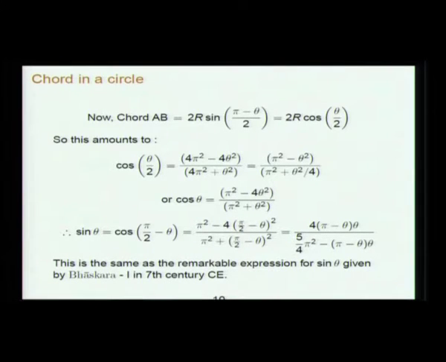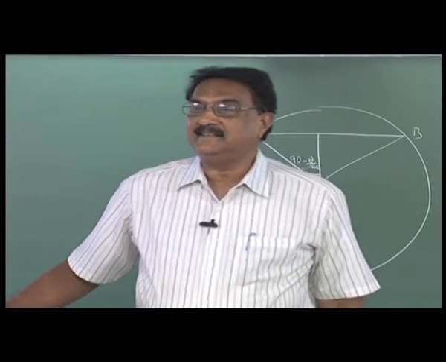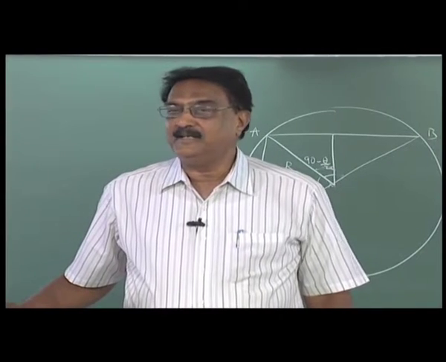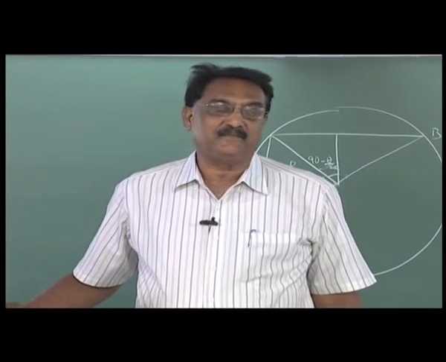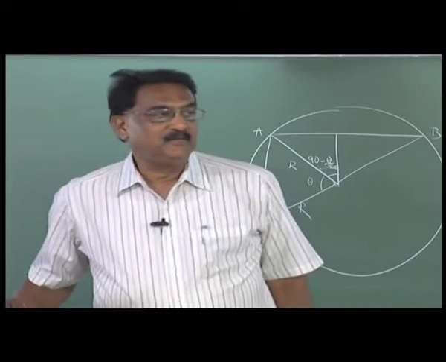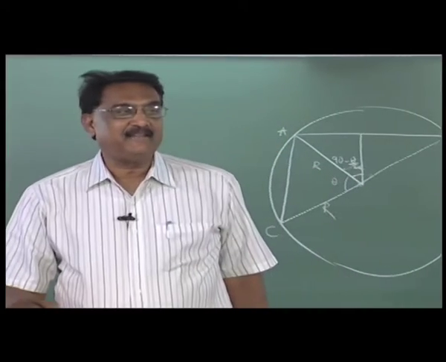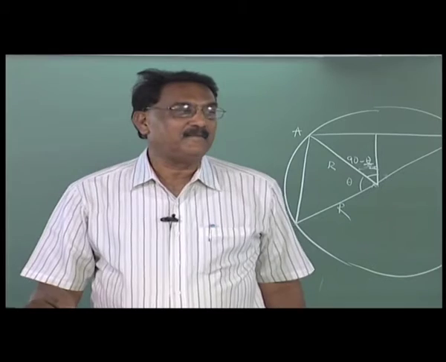And what is remarkable about this is that it is given as a ratio of two polynomials in theta, and throughout the range 0 to 90 degrees, this is correct, accurate up to about 1% or so. That is remarkable, because sin theta is very close to theta when theta is very small.